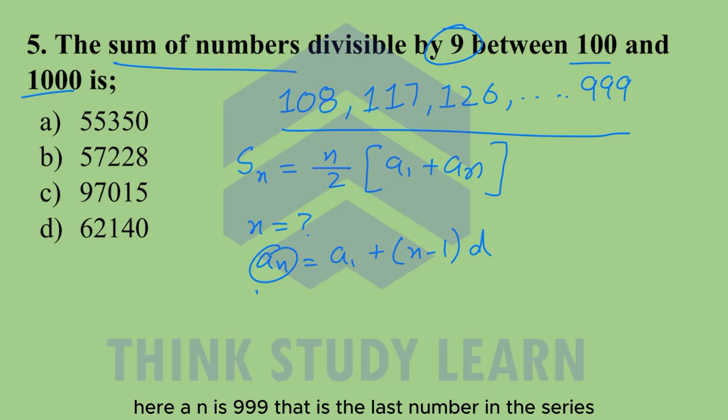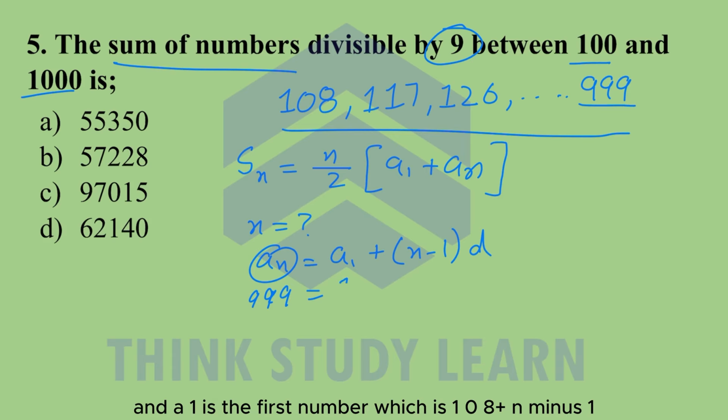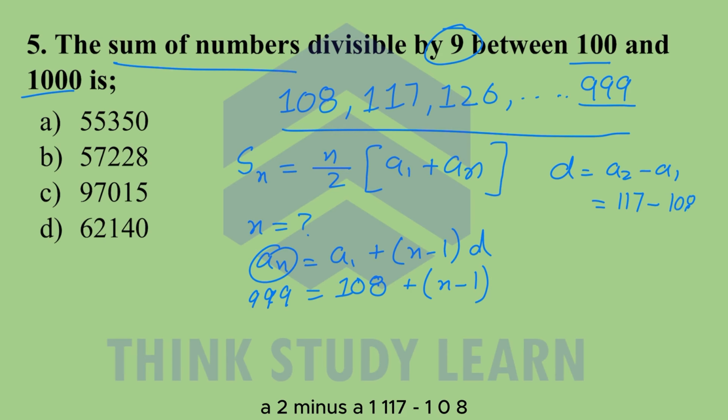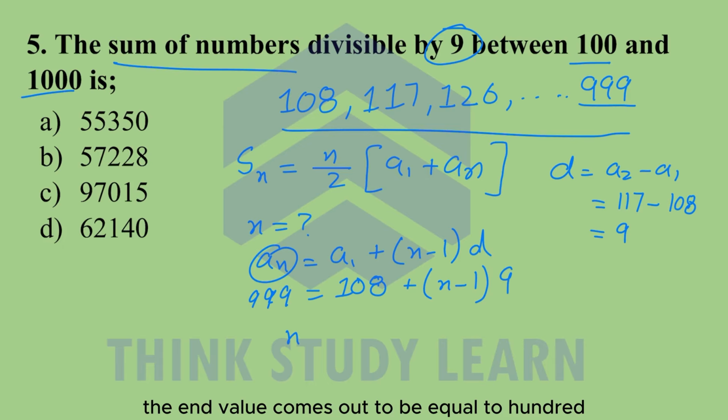Here an is 999, that is the last number in the series, and a1 is the first number, which is 108, plus (n minus 1), and d here is the difference, that is a2 minus a1, 117 minus 108, that gives us 9. So the n value comes out to be equal to 100.